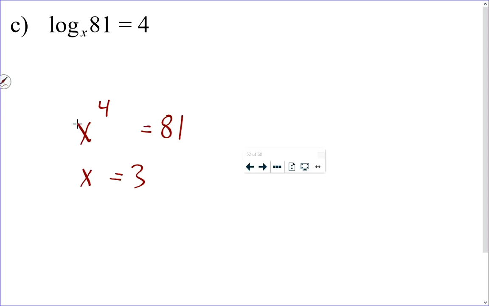Okay. What if it was that? What would you do here? When you write x to the 4 equals 810, which it's not, what do you mathematically do to get x? Fourth root, right? If it was x squared, you'd take the square root.